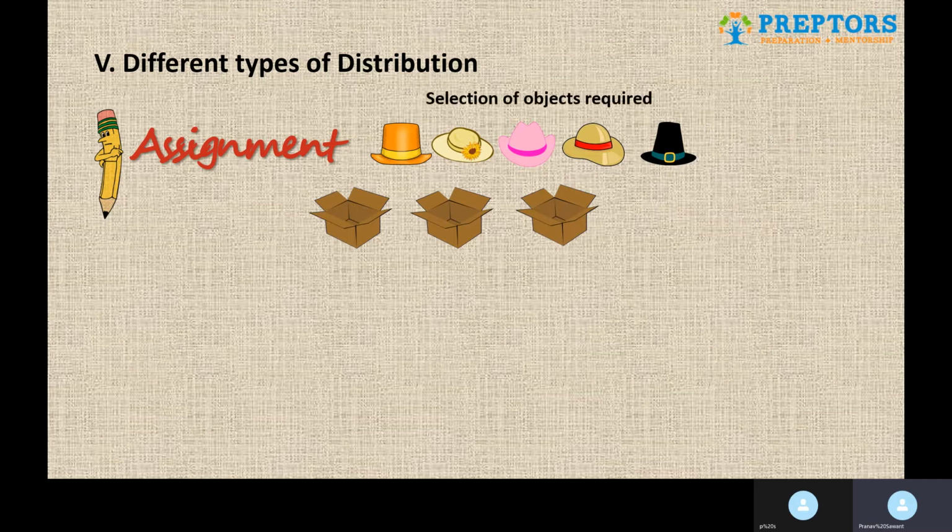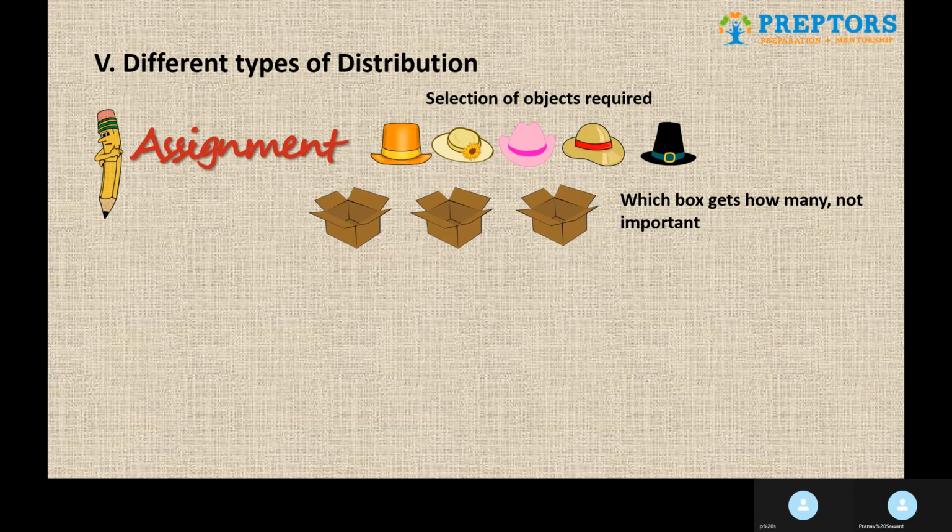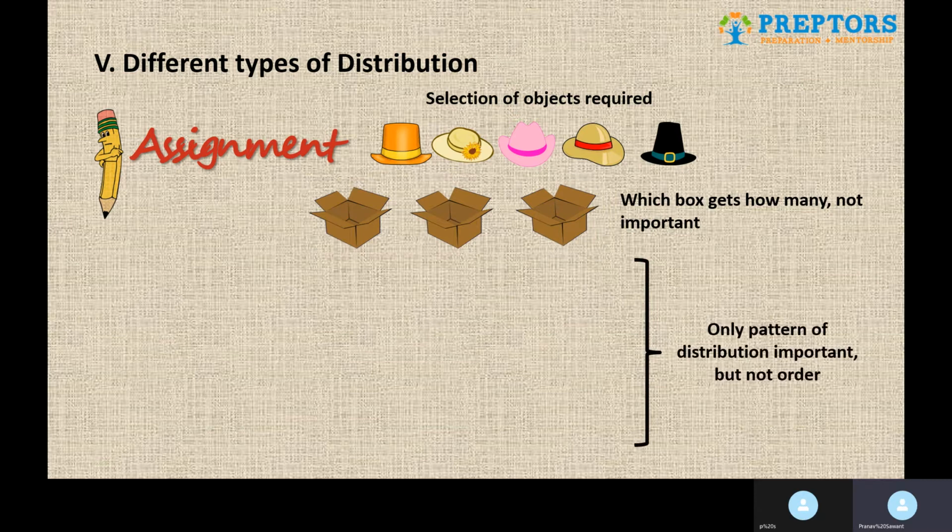So we know that over here, selection of objects is required. And which box gets how many is not important. So only pattern of distribution, but not order, is this. Earlier also we saw this pattern, so this pattern will be followed over here as well.